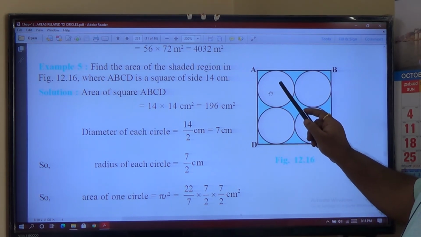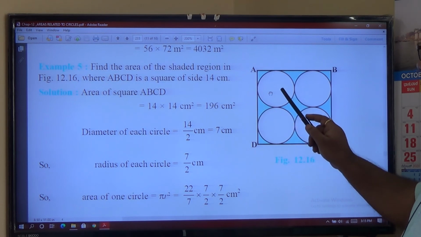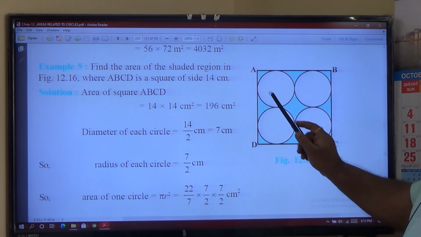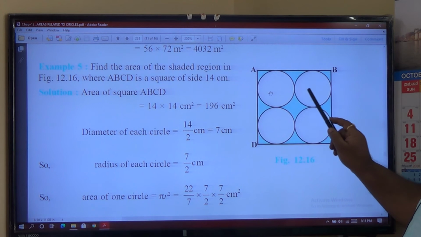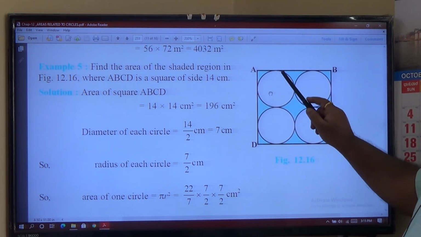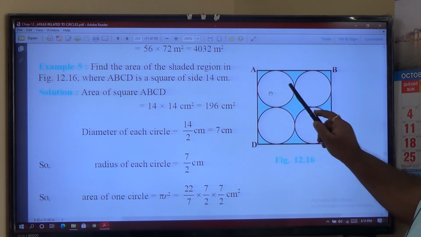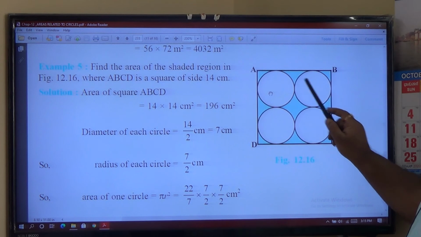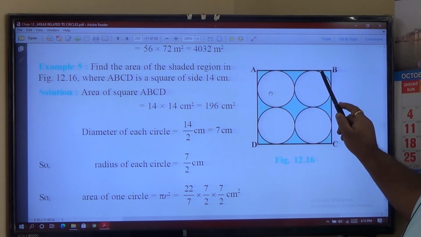In order to find the area of these 4 circles, we should know the radius of this circle. How to calculate? This is the diameter here and this is the diameter. So this is 2r and 2r. If r is the radius, then from here to here it is 2r, from here to here it is 2r. 2r plus 2r, 4r. 4r equals 14 centimeter.